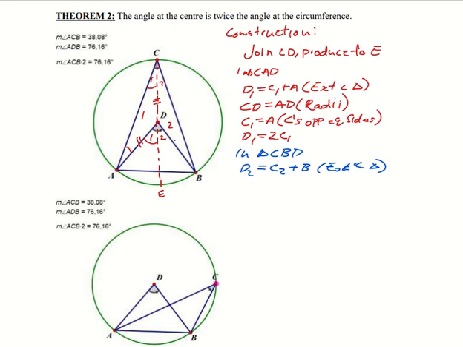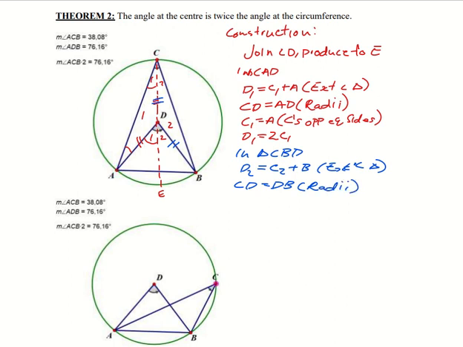Another thing is that DB is a radius and DC is a radius, meaning that these two are also equal, because they are lines from the center to the circumference. So CD is equal to DB, and the reason is that they are radii.